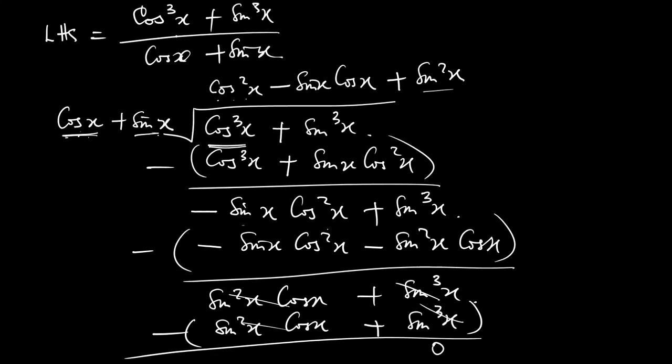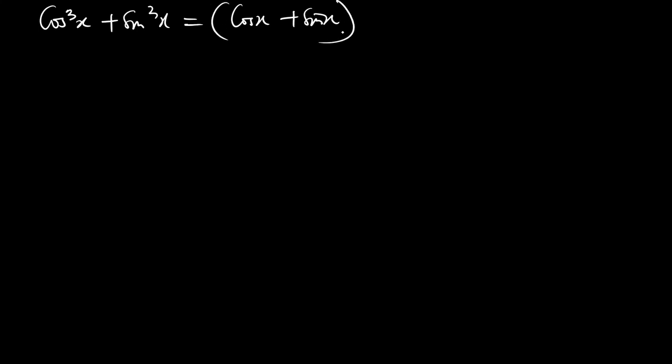So now we'll say cos cube x plus sine cube x is equal to cos x plus sine x, bracket open, cos square x minus sine x cos x plus sine square x.